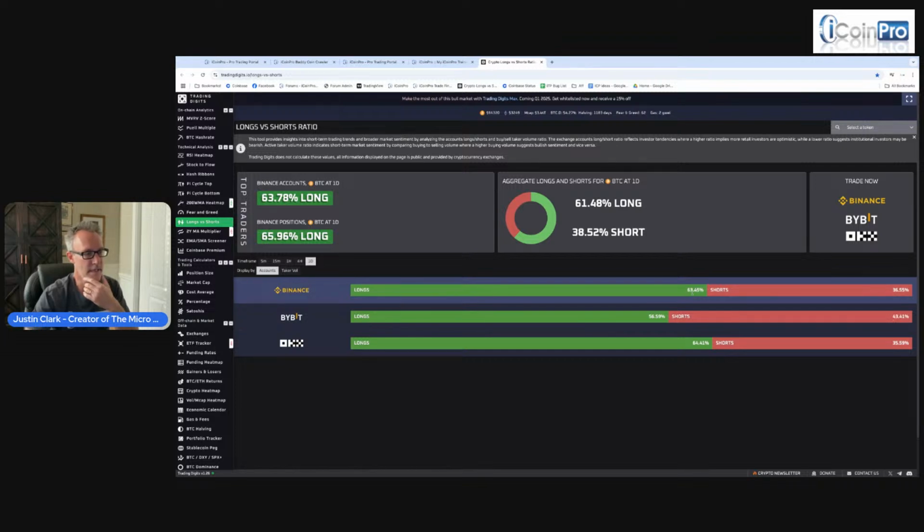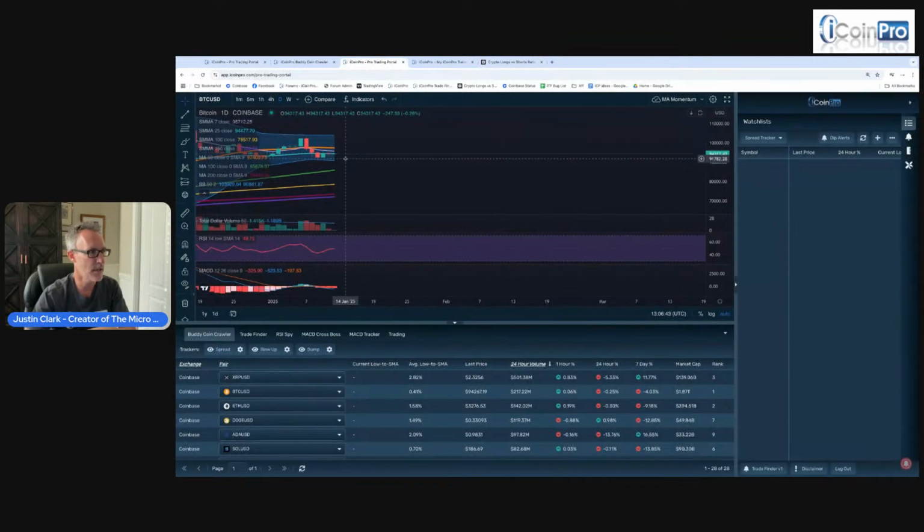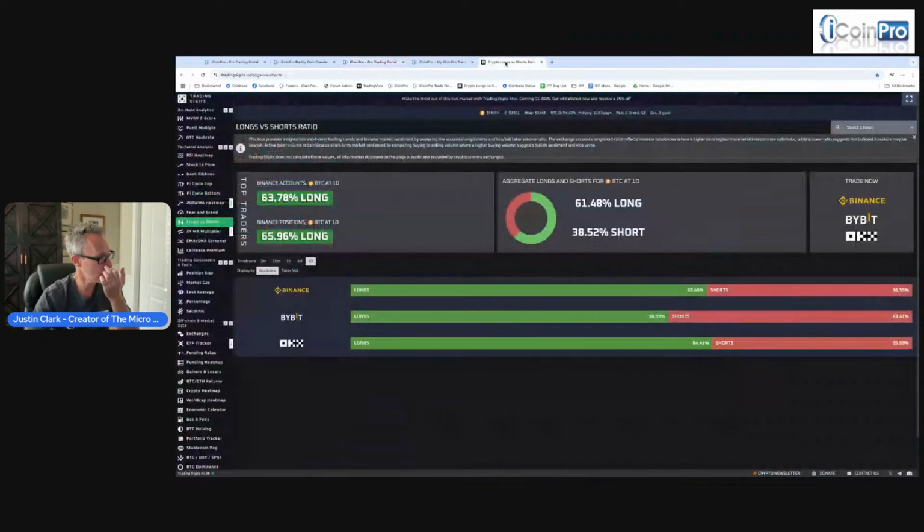Now, we've got to keep a close eye on this, because if this number gets over 70% long and the price action just keeps slipping lower and lower, we run the risk of what's called a long squeeze, which is a technical event, which means that all of those people that were long and leveraged and borrowing money and betting things were going up start to get liquidated en masse. All right.